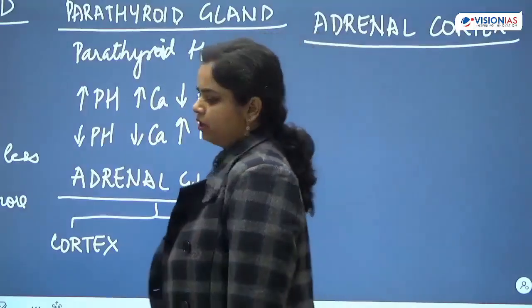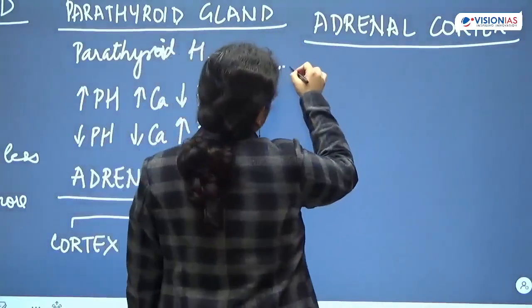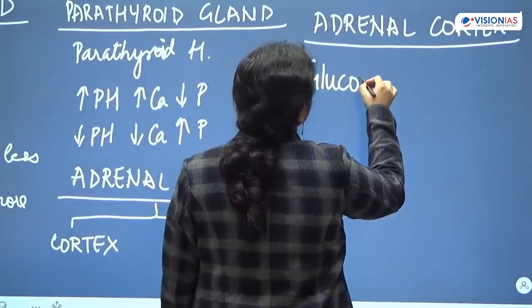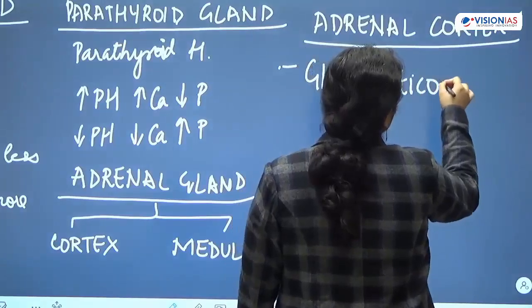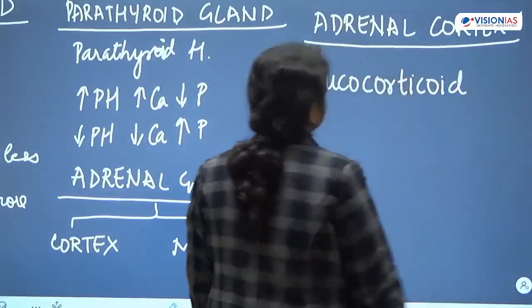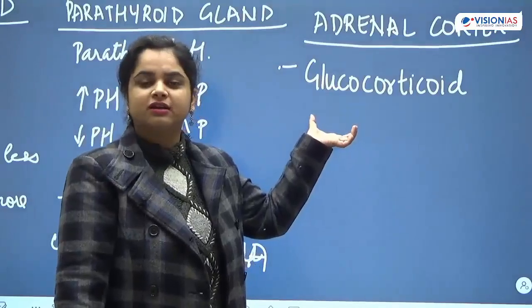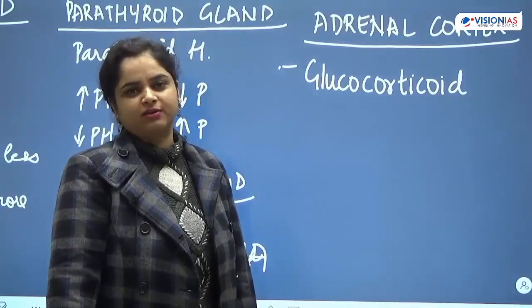So adrenal cortex, it produces two hormones. One is glucocorticoid, and by its name, the word gluco in it, you should understand that this is going to be helping in processing the carbohydrates.